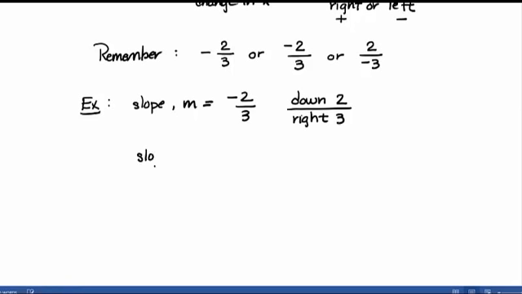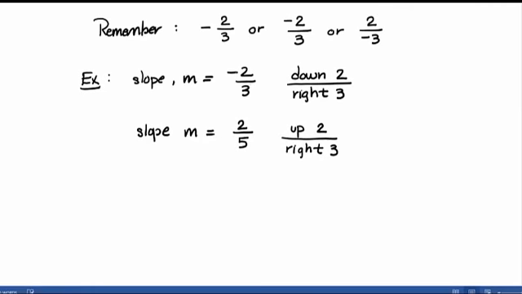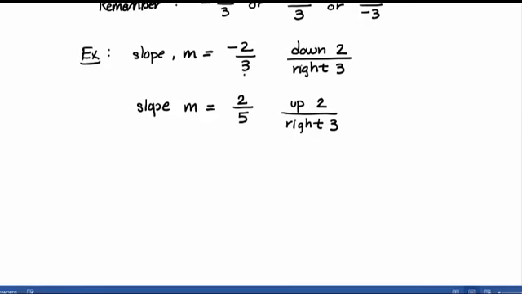If my slope m is, say, 2/5, it's positive, so that means I'm going to go up 2, and right 5. Okay, and then as I go through some of the examples later on, I'll show you that we'll end up on the same line even if we move our negative sign back and forth. Okay, so let's try a couple of examples.